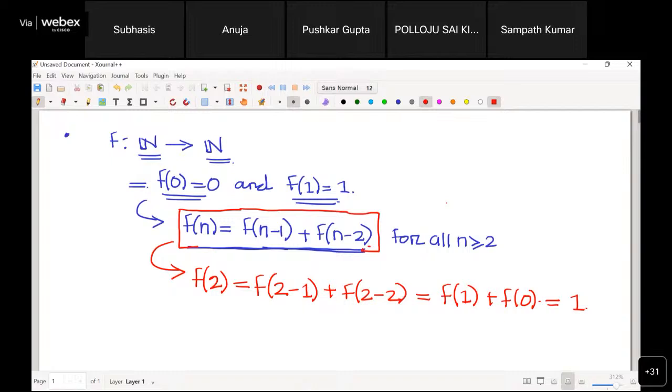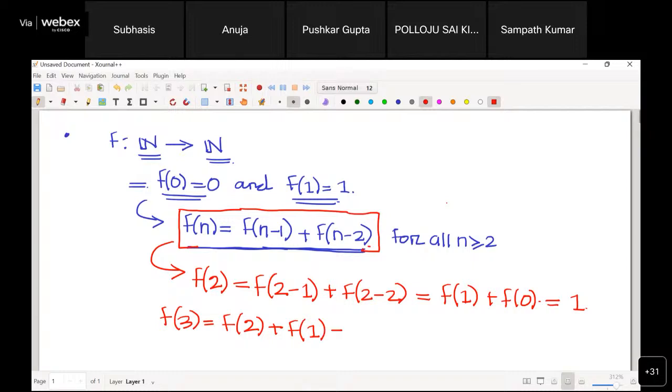Yes. Okay, so similarly, can you find out the value of f of 3? F of 3 is nothing but f of 2 plus f of 1.